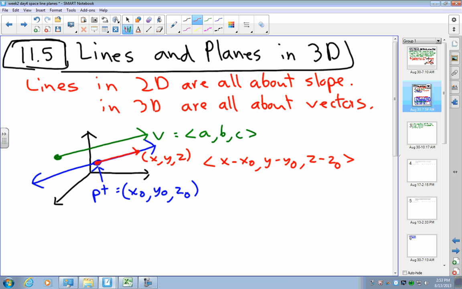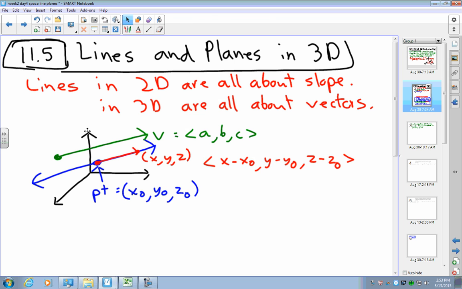Now, that red vector, since it's on the line, and I already told you the line is parallel to the green vector, how do we write an equation relating the red vector and the green vector discussing parallel? Now remember, in geometry, parallel slopes means you have the same slope. Well, in vector world, which we are in for 3D, there is no such thing as slope that we're focused on. We're focused on the directions of vectors.